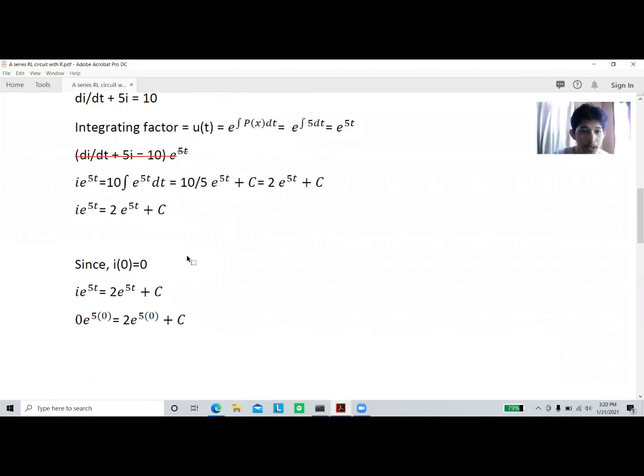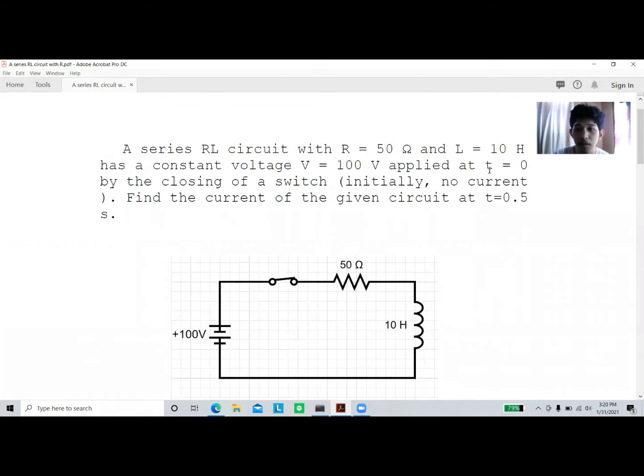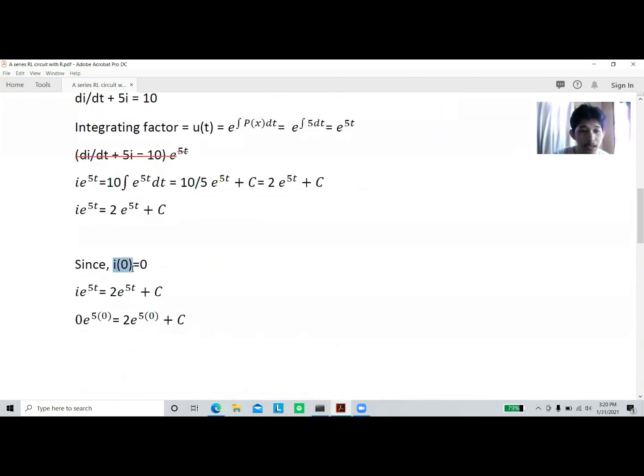As stated in the problem, when t is equal to 0, there is no current, so I0 is equal to 0.